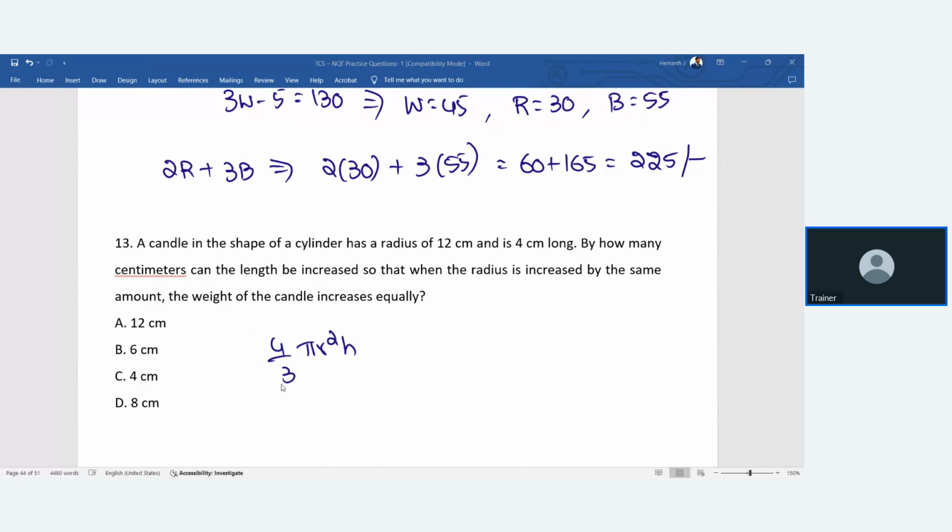So, read the question. By how many centimeters can the length be increased? Okay, pi r square L. If it is height, fine, or else if we put the cylinder horizontally, we say it's like a length instead of height.